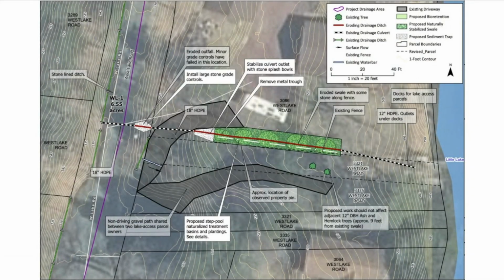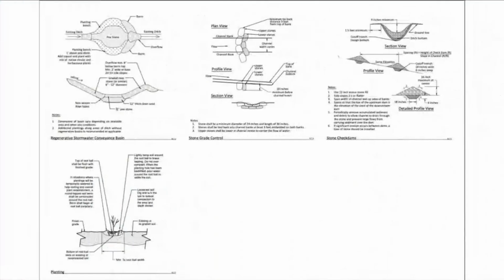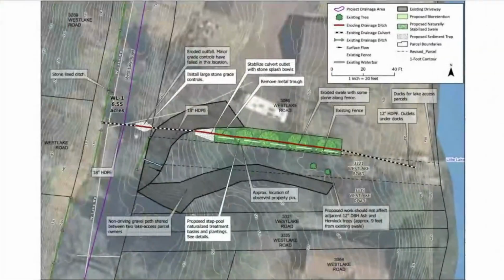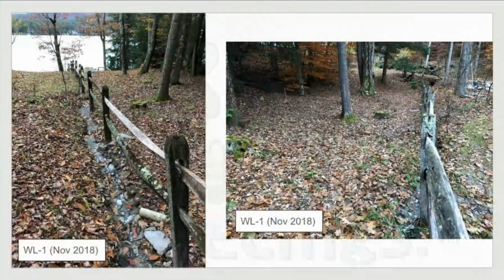There are 6 to 7 acres upslope, and quite a bit coming down the uphill side of Westlake. You can see it in that photograph I just showed, which again is from 2018. There's no real stable ditch for all that runoff to come down.